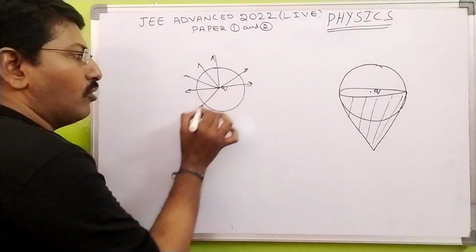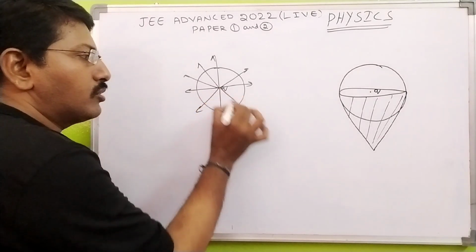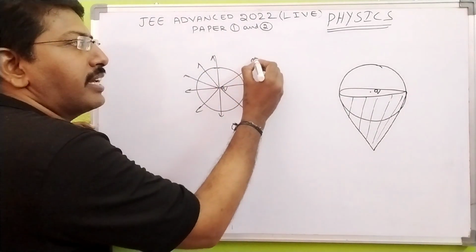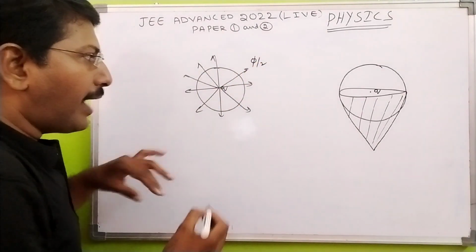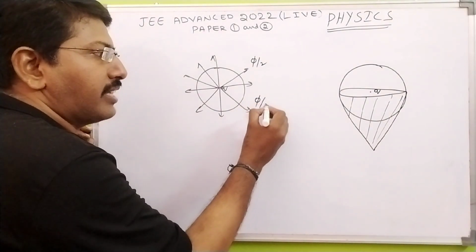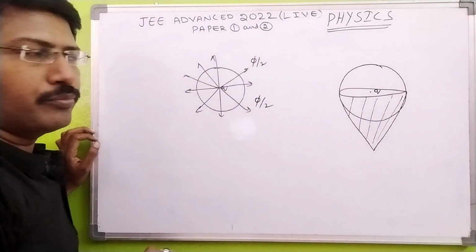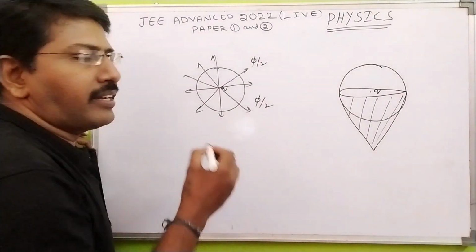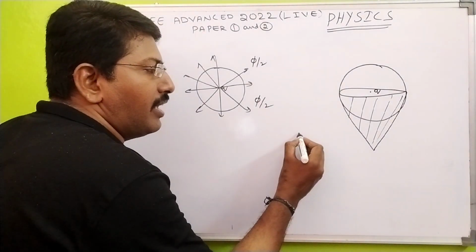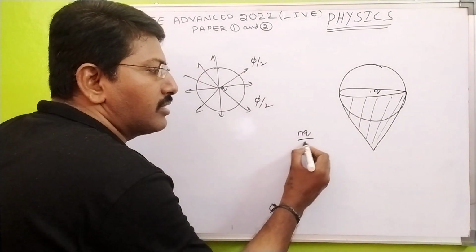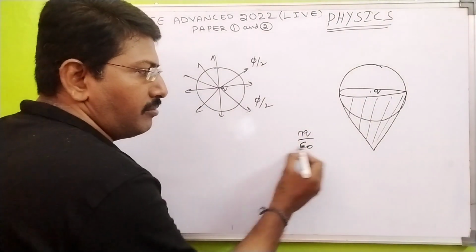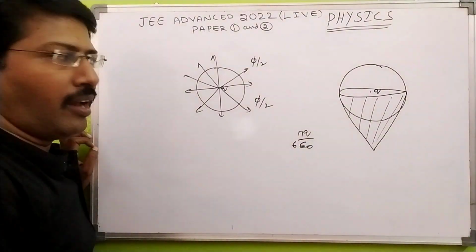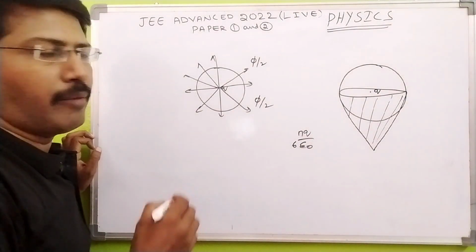If you observe here, for the upper part I consider electric flux phi/2 and for the lower part also electric flux phi/2. In the examination they gave the electric flux as NQ by 6 epsilon naught. What is the value of N?